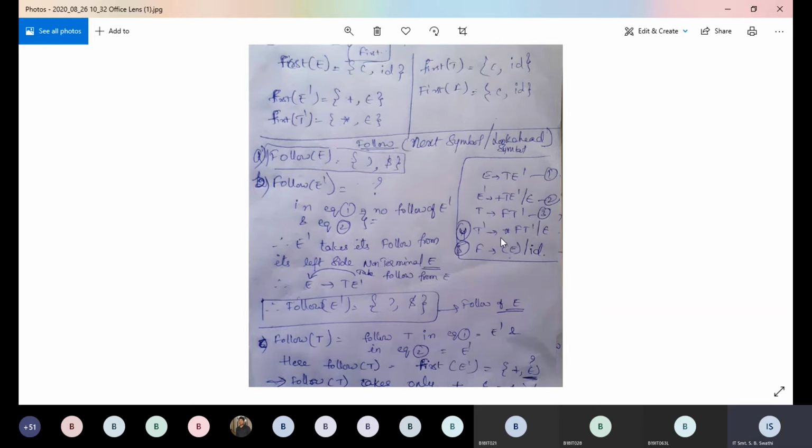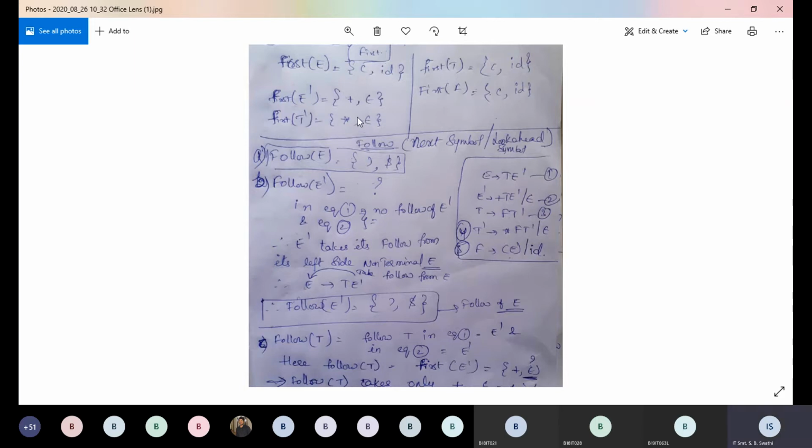Similarly, the next expression is T dash. For T dash, we have two expressions on the RHS. If we consider the first expression, the first symbol is the star operation. This star operation is an arithmetic operation, that is the multiplication operation. So this is a terminal value, and we are taking it as it is.